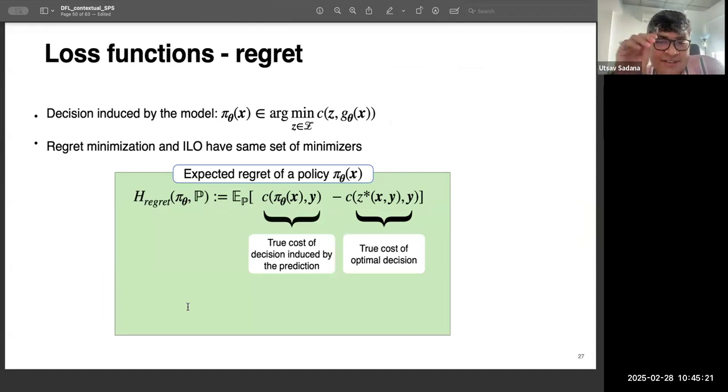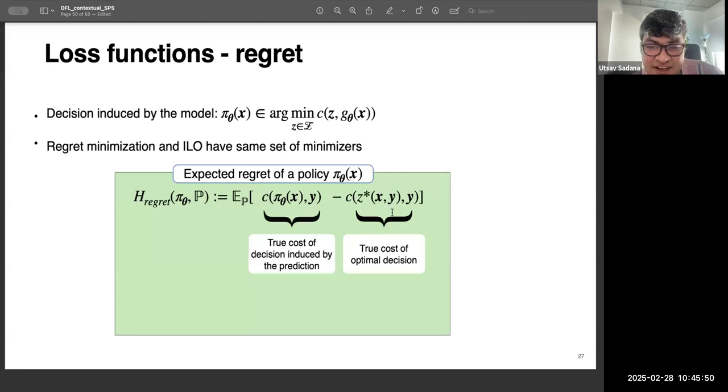So what we can do is construct models based on regret, which don't require you to use implicit differentiation. So you see here this policy pi theta that you learned from your data, from your model g theta, which is your prediction. You evaluate the cost of this policy on your scenario y. You compare it to the true cost of your optimal decision, which is z star.